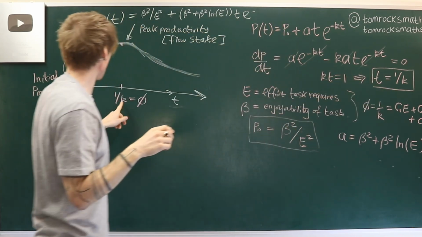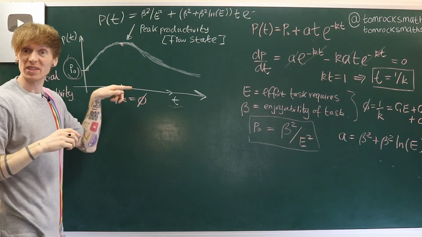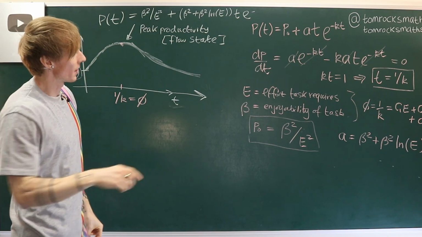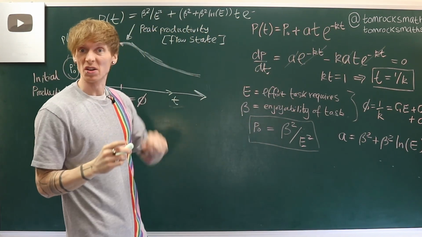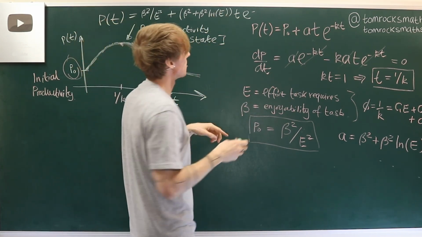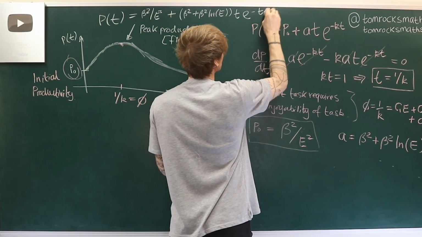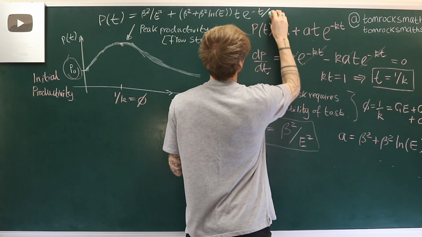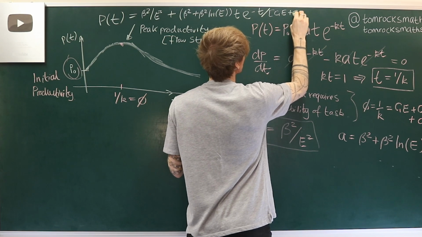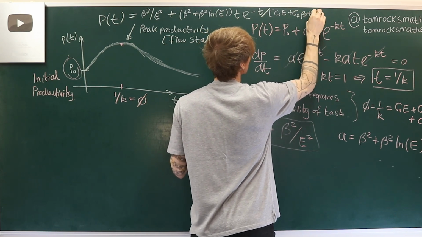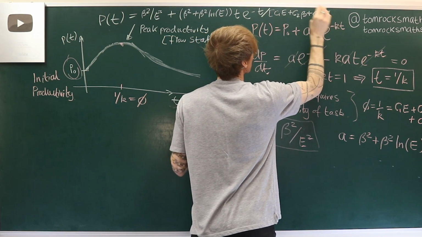K we called over here 1 over k was equal to phi, and we said that phi was going to be this function. So that means k is 1 over that. So it's going to be e to the minus t divided by this linear function, so c1E plus c2 beta plus c3.